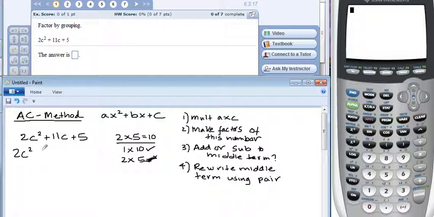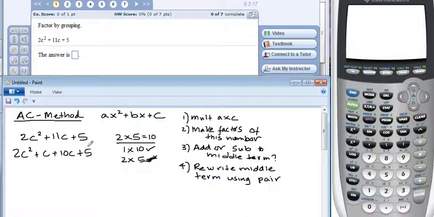I can rewrite an 11 as 1 plus 10, can't I? Or I could write it as 10 plus 1. It doesn't matter. I can say that 1c plus 10c is 11c. So what I'm doing is taking this 3-termed polynomial and turning it into a 4-termed polynomial. And what did we say about 4-termed polynomials that have nothing in common?